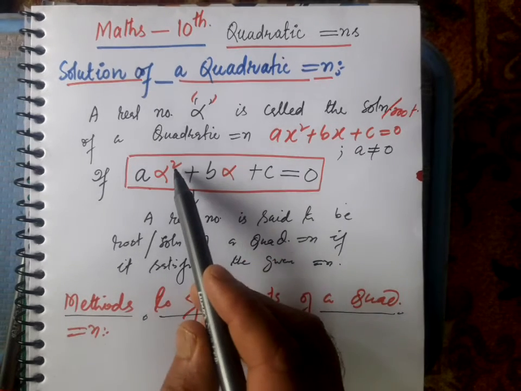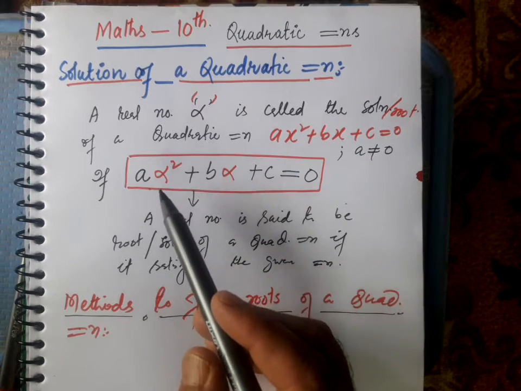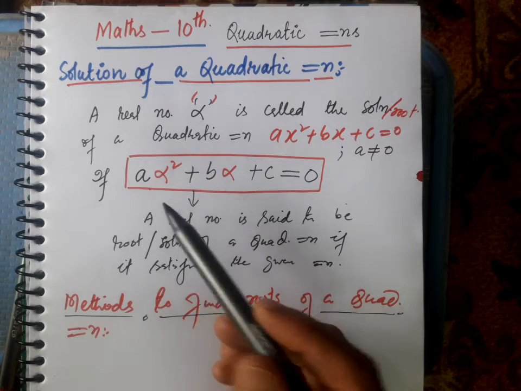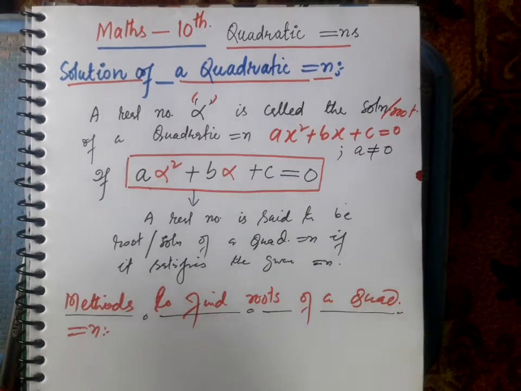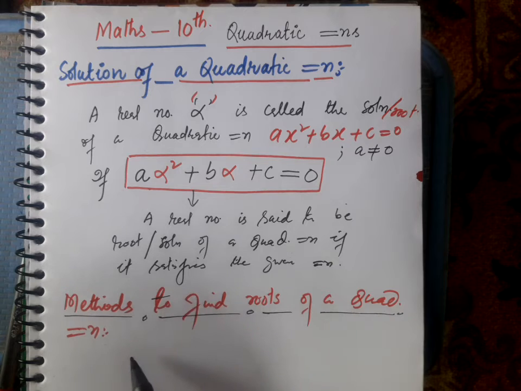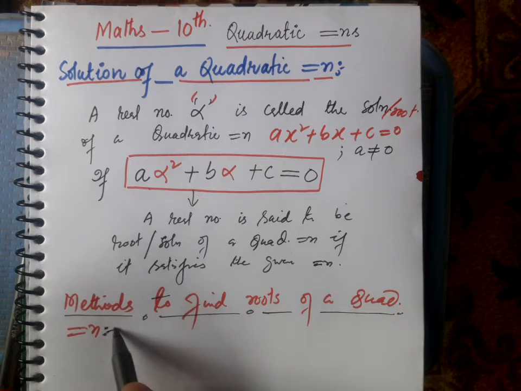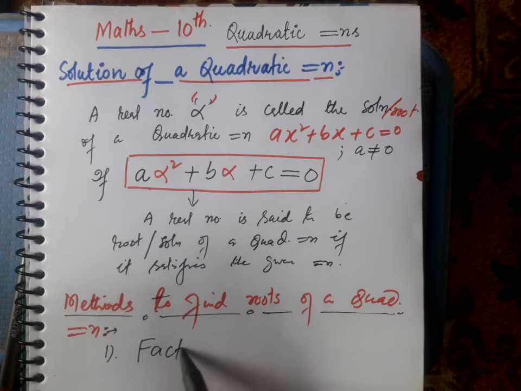A quadratic equation is a second degree equation, so it can have at most two roots in reals. In order to find the roots of a quadratic equation, different methods can be employed. One of the methods is the factorization method.